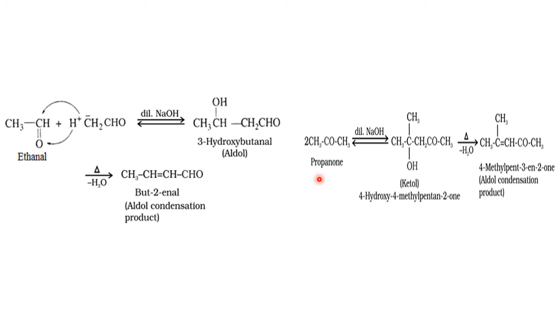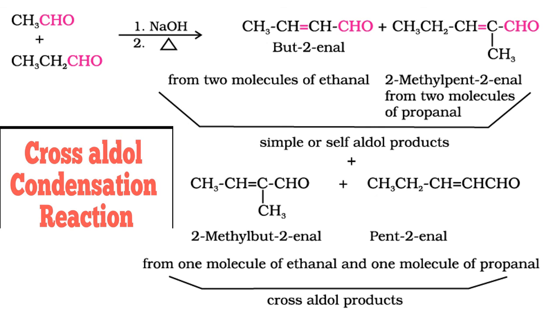But here I have taken two similar aldehydes. Now what happens when you take two different aldehydes, or two different ketones, both containing alpha hydrogen? In the reaction container, this aldehyde will react with itself, that aldehyde will react with itself, and this aldehyde will react with that aldehyde.